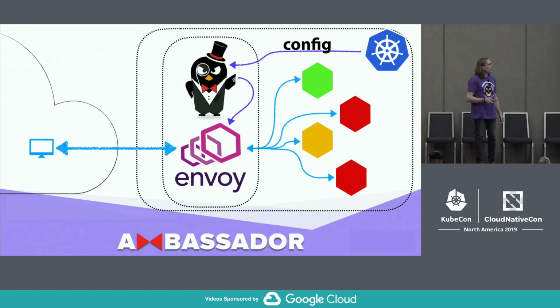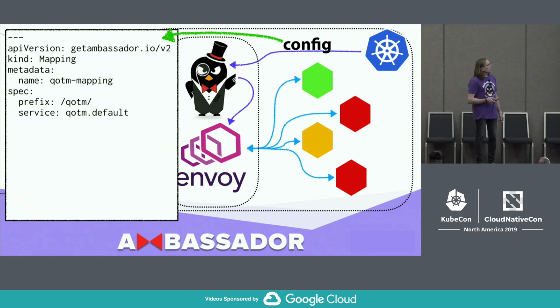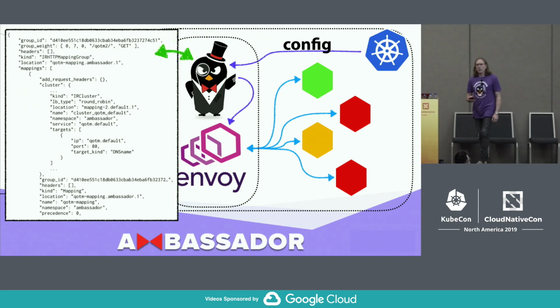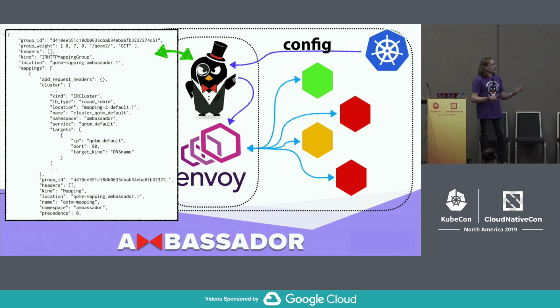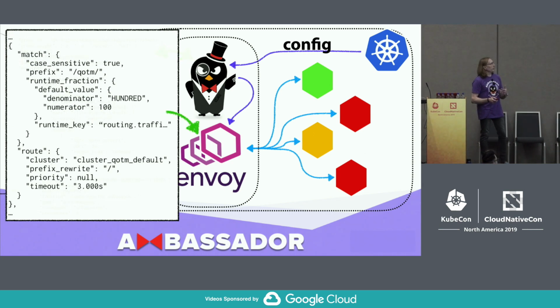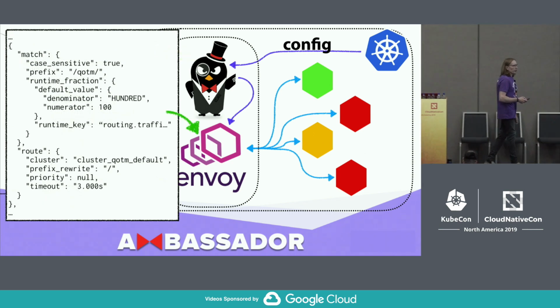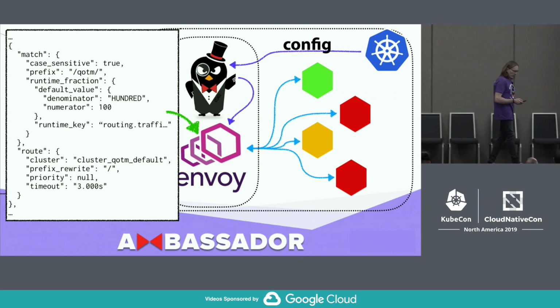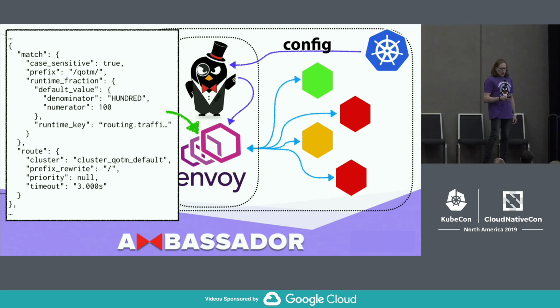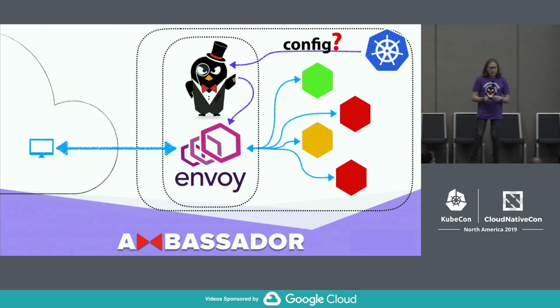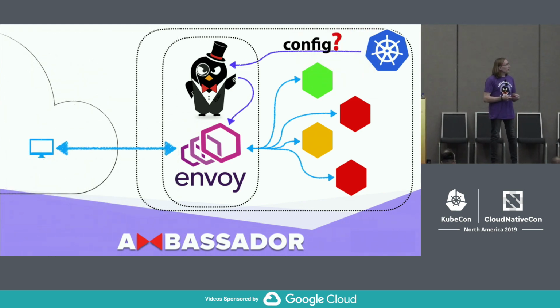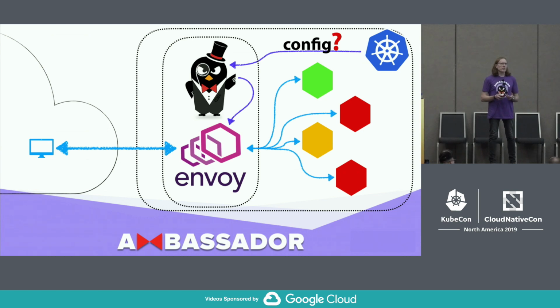The resources that Ambassador reads are fairly simple. They look kind of like that. Ambassador then will take that, turn it into an intermediate representation, which is considerably less simple. And then from the intermediate representation, we'll compile the Envoy configuration, which is also quite a bit less simple than what we start off with. So this leaves us with at least 3 distinct places that we need to test.